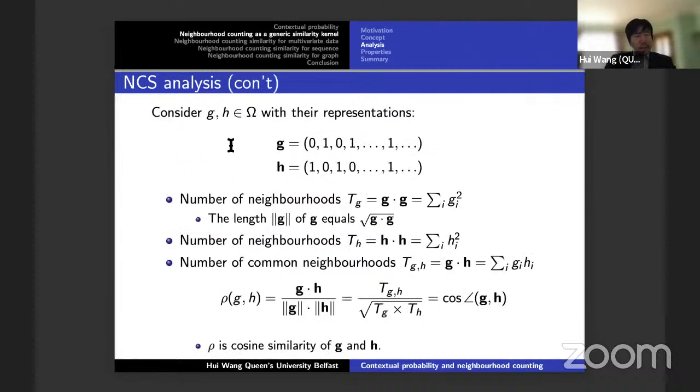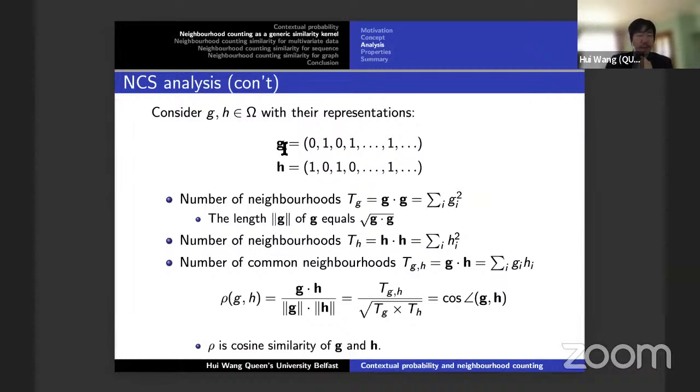Now we consider two data points, G and H, with their representations being 0, 1 vectors. Then the number of neighborhoods for G can be simply calculated by self-multiplying this vector, which gives us a count of neighborhoods.